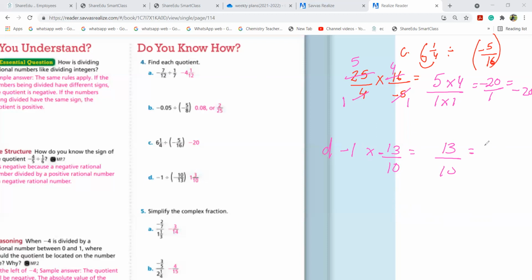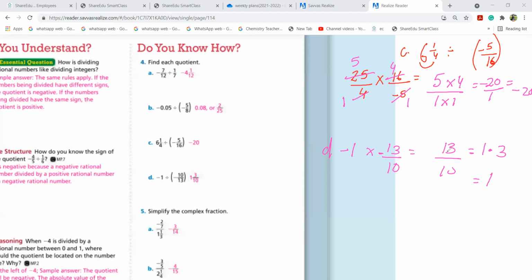That is nothing but 1.3. You know how I got 13 over 10?